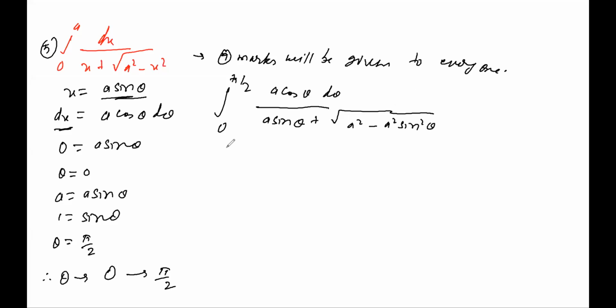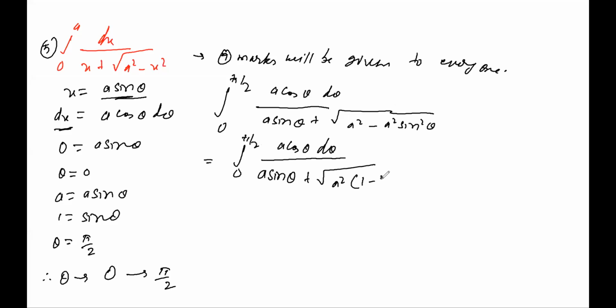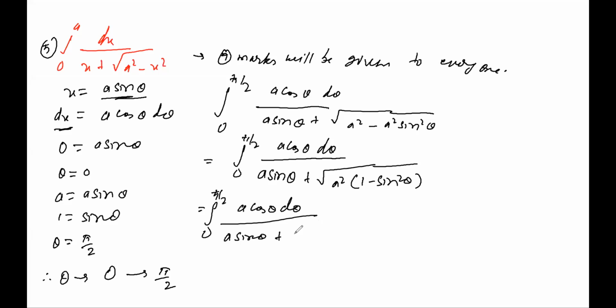So this is equal to a cos theta d theta upon a sine theta plus, now a square will be in bracket and 1 minus sine square theta. Please see, I'm not jumping any step. A square comes outside the root so it becomes a, and 1 minus sine square theta equals cos square theta.